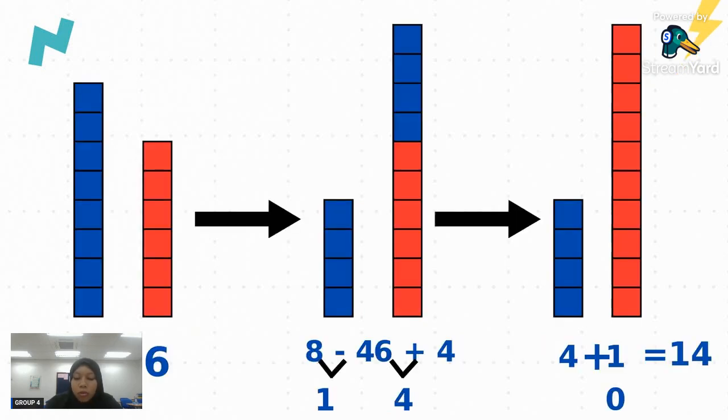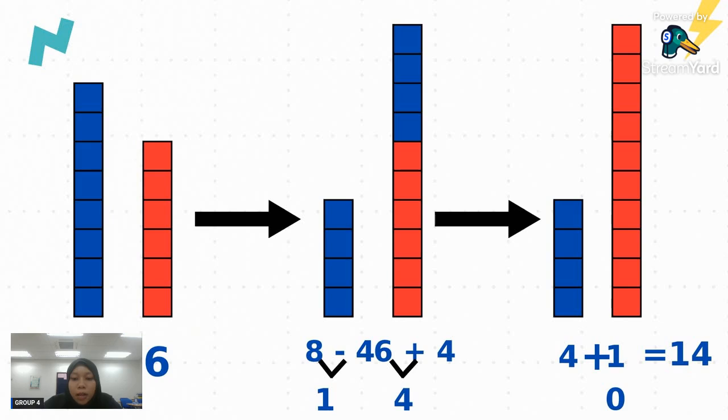10 blocks. Or another solution, I think, we have 8 blue blocks and 6 red blocks. And for the 8 blue blocks, we subtract 4. So 8 minus 4 will leave 4, and the 4 that we have subtracted from 8 will be added into the red blocks.